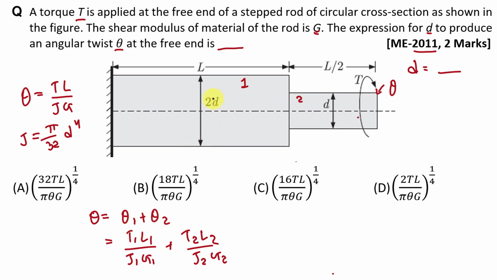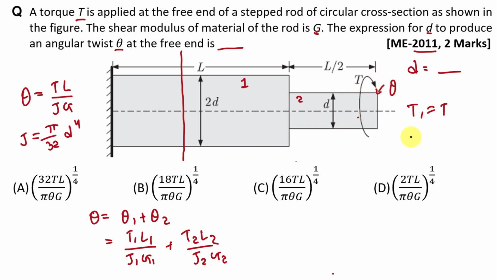Now if we want to find the twisting moment in shaft 1, then we will take one section in shaft 1 like this, and we will take the summation of all the twisting moments acting on either side of this section. Here on the right side we apply this twisting moment T. So for shaft 1 the value of T1 is equal to T, and here we are taking the clockwise direction as positive.